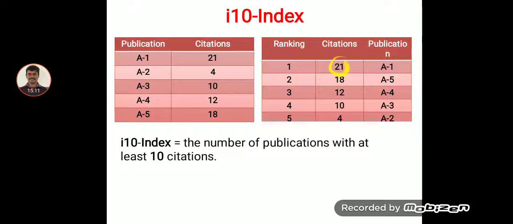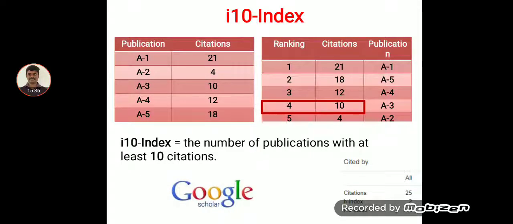The first paper has 21 citations, the second paper has 18, the third has 12, the fourth has 10, and the fifth one has only 4. So here the author's i10 index is 4, because 4 of the author's papers have 10 or more citations.